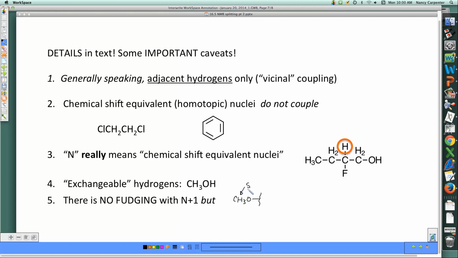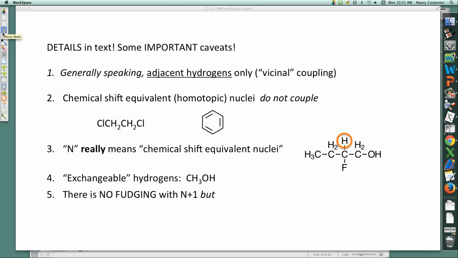This absolutely, positively must show up as a singlet, and there are no exceptions. Period, the end. So if your spectrum doesn't have a singlet, you don't have this methoxy group in there. You know, there's a little fudging with chemical shift. We've seen that because of the ranges in the correlation charts. But n+1, no fudging.